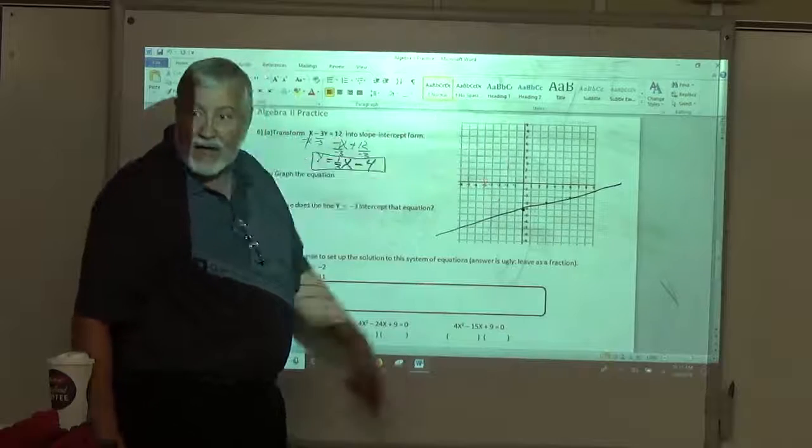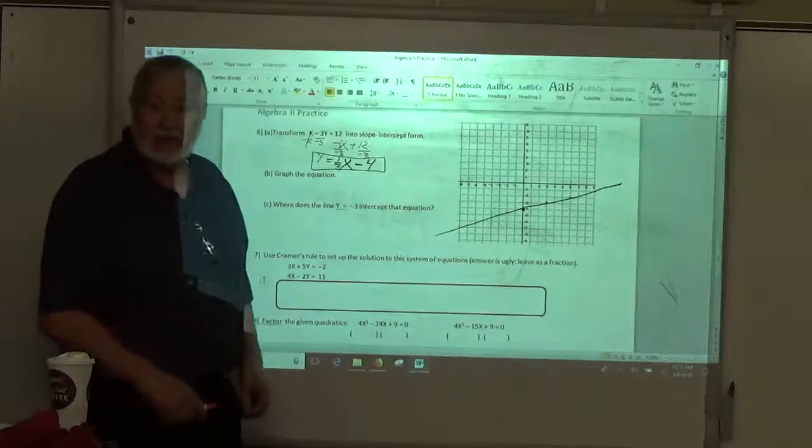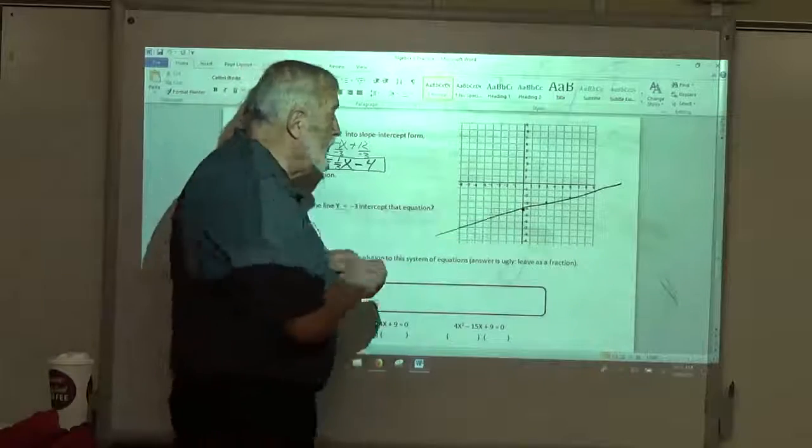So if I have a vertical line that goes through x equals -3, I haven't graphed it right. Where does y equal -3? The horizontal. Right here, it's a horizontal line.